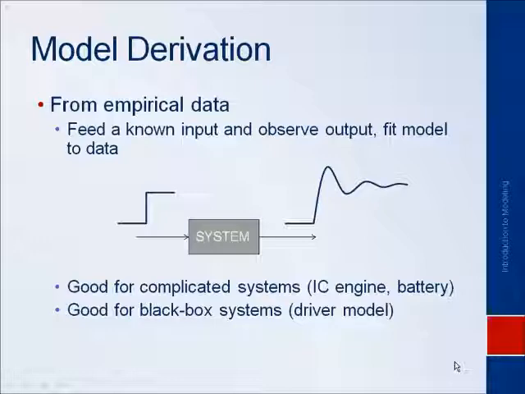Rather, it's much easier to treat the driver as a black box, look at what the stimulus was, look at the response, and just find an equation that matches the two.